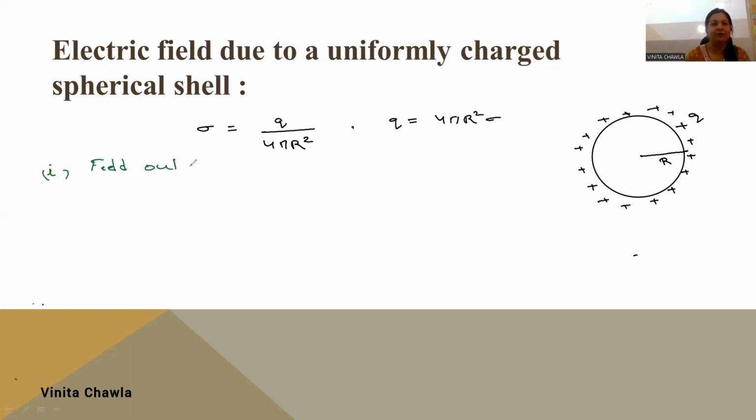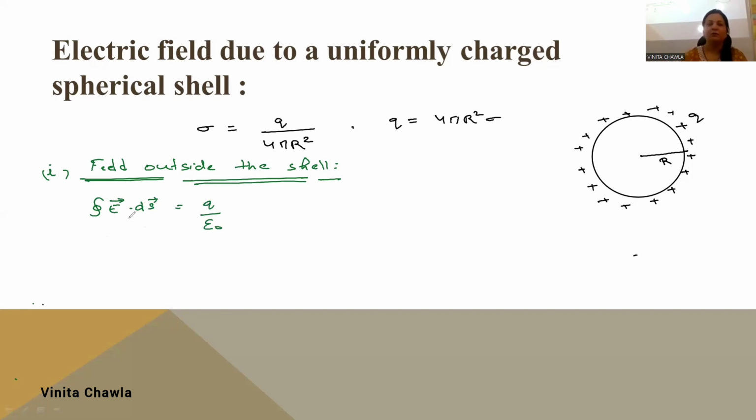Now we are going to find electric field intensity outside the shell. Field outside the shell. How will we find electric field intensity outside the shell? See, closed integral of vector E dot vector ds is equal to q upon epsilon naught, right?